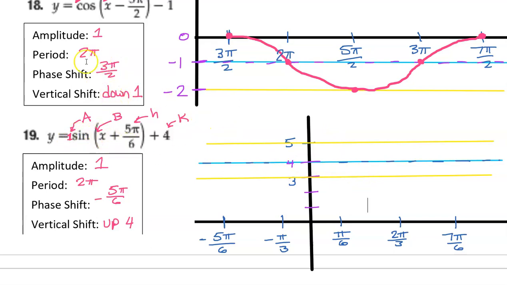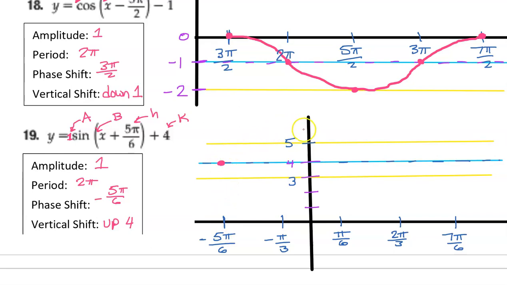So where was I? It's time for me to graph the 5 key points. Always start at the phase shift, the first mark that you put. The sine function will begin on the midline. So my first point will go right here at the phase shift on the midline.